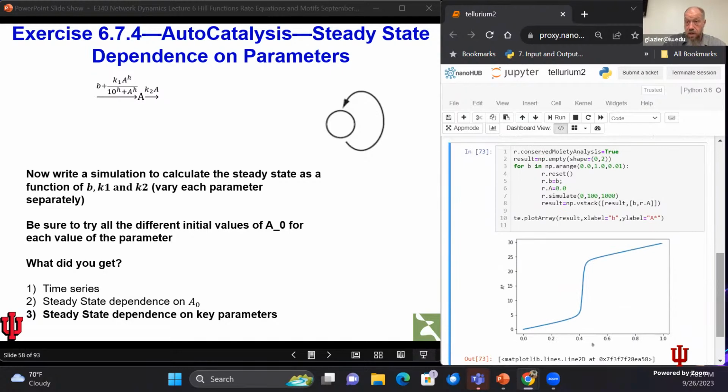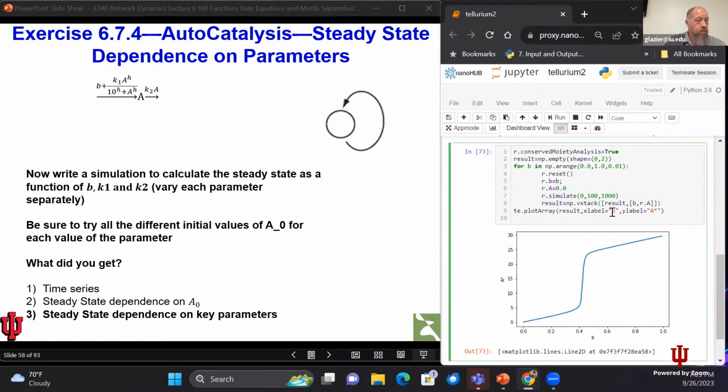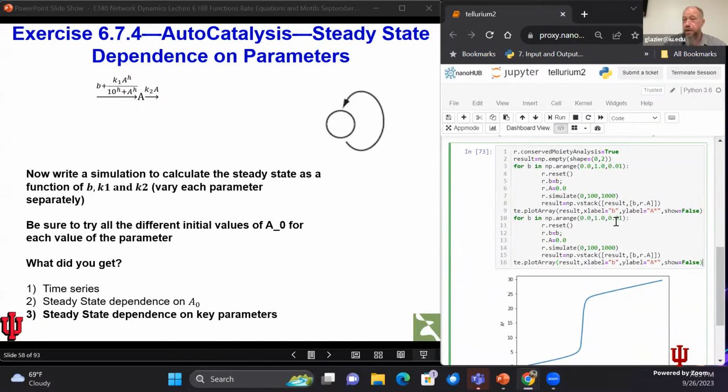So that was for small initial value of A. Now I'm going to run the same thing again for large initial value of A. I'm going to do this in a non-elegant, non-Pythonic way. Elmer can come up with a much more elegant way of doing the same thing.